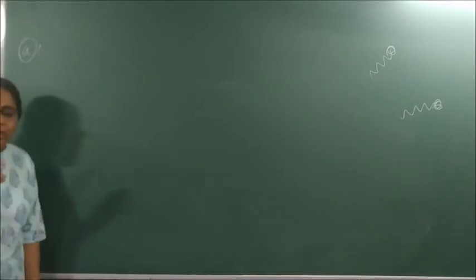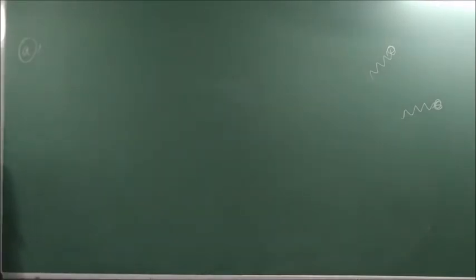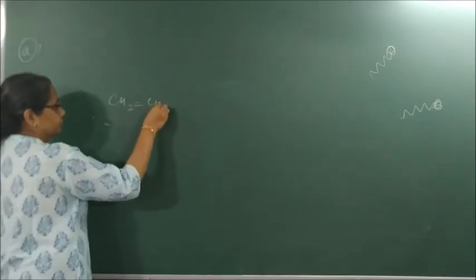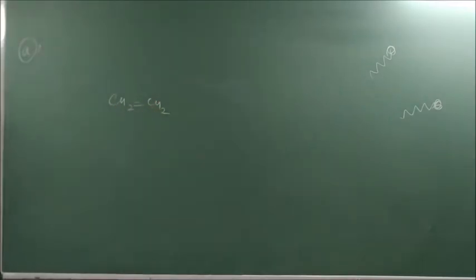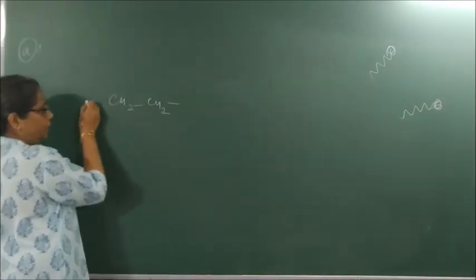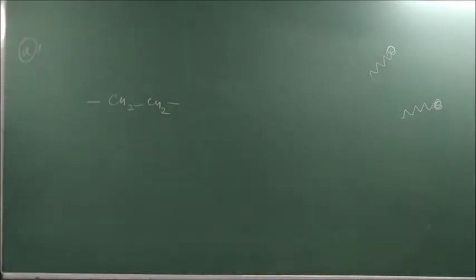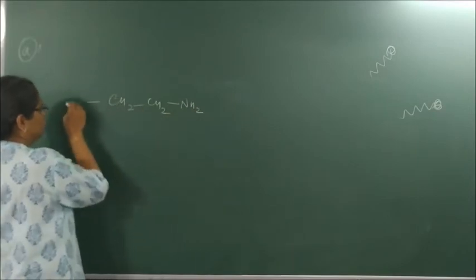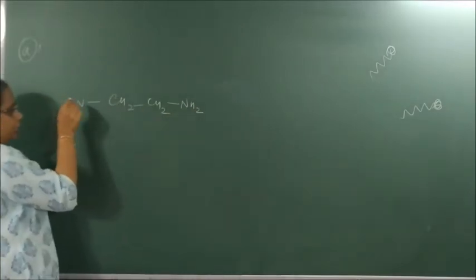Okay, now always understand what this is. What is this compound? Ethene. Remove one double bond, so one valency becomes free here and one valency becomes free here. Correct? Now, what do I add here? NH2, and here also NH2.